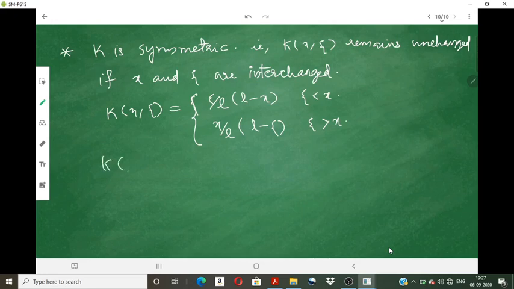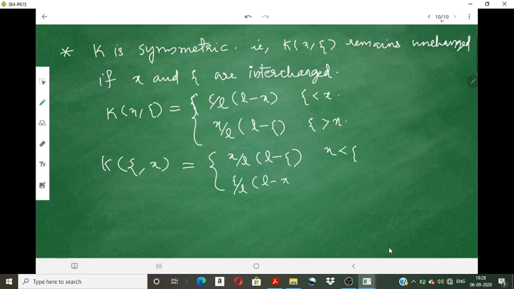Now we interchange the variables theta and x. So instead of x we are using theta, and instead of theta we are using x. So this will be x by L into L minus theta when x is less than theta, and theta by L into L minus x when x is greater than theta.